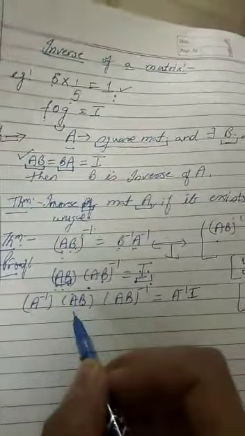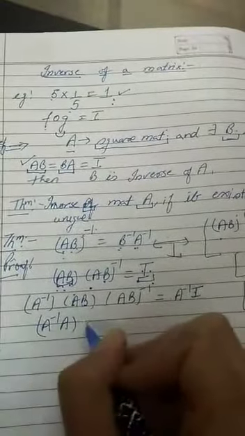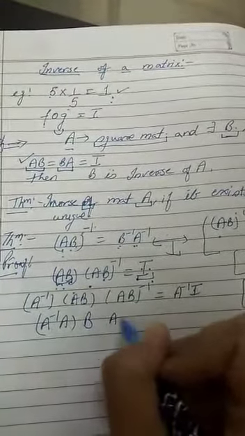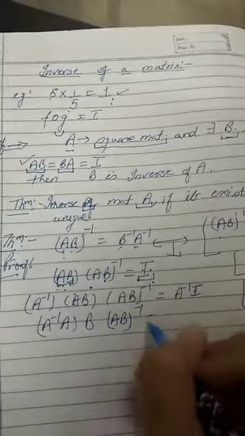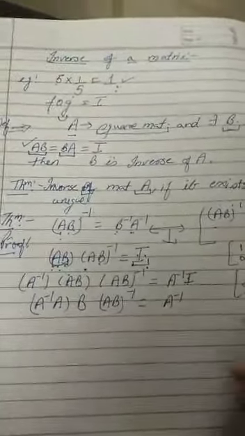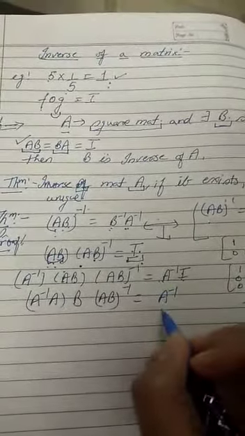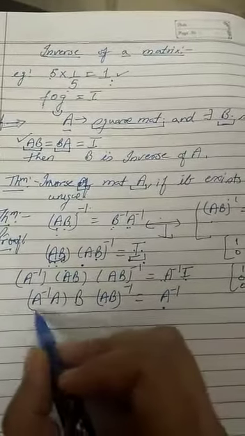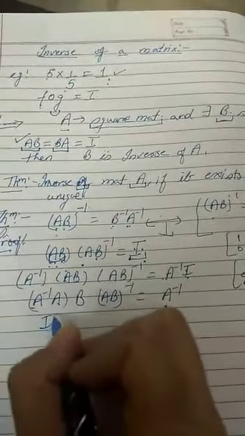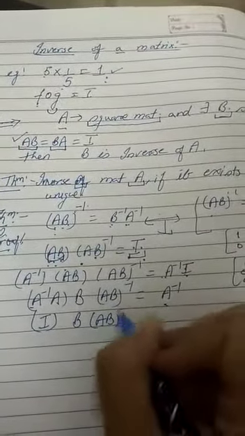So here A inverse times A gets multiplied, B remains as such, and the AB inverse remains. On the other side, A inverse into I will give you A inverse only, because whatever you multiply with I gives you that matrix. So this is equal to A inverse.